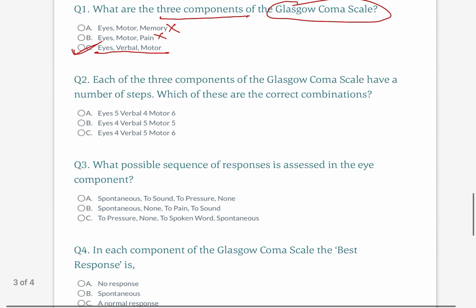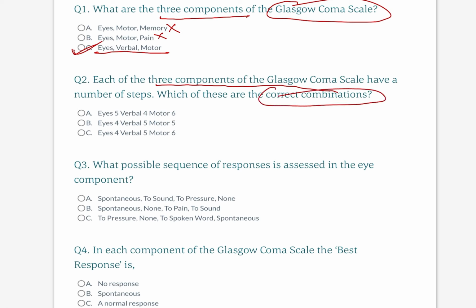Now the next question. Each of the three components of the Glasgow Coma Scale has a number of steps. Which of these is the correct combination? We already learned: there are three components, right? Eye, verbal, and motor.